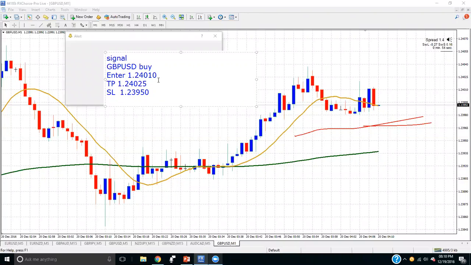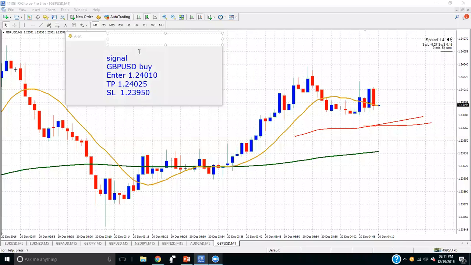And I just want to show you guys a couple of things. Whenever you see one of these signals, you can just go right ahead and enter the signal. You don't have to go look at anything, but I'm going to tell you, if you really want to learn how to trade, then you really want to start doing your own analysis.